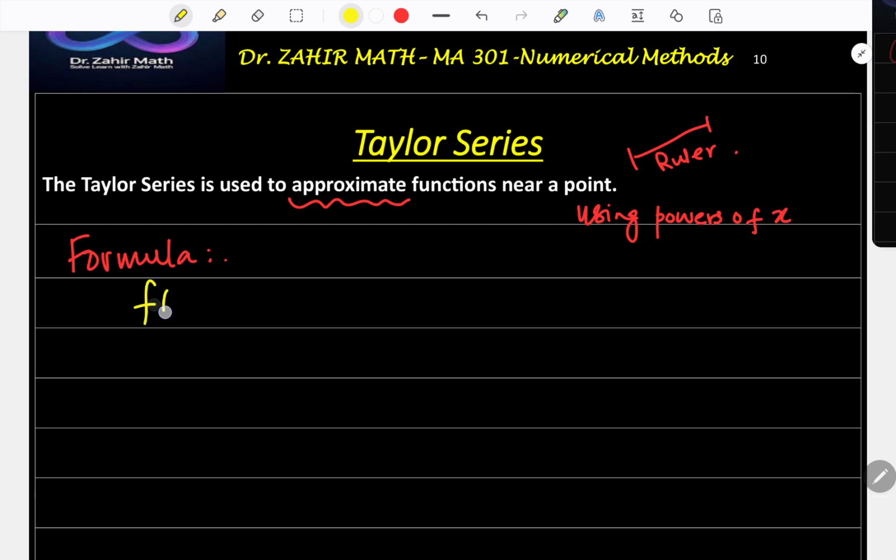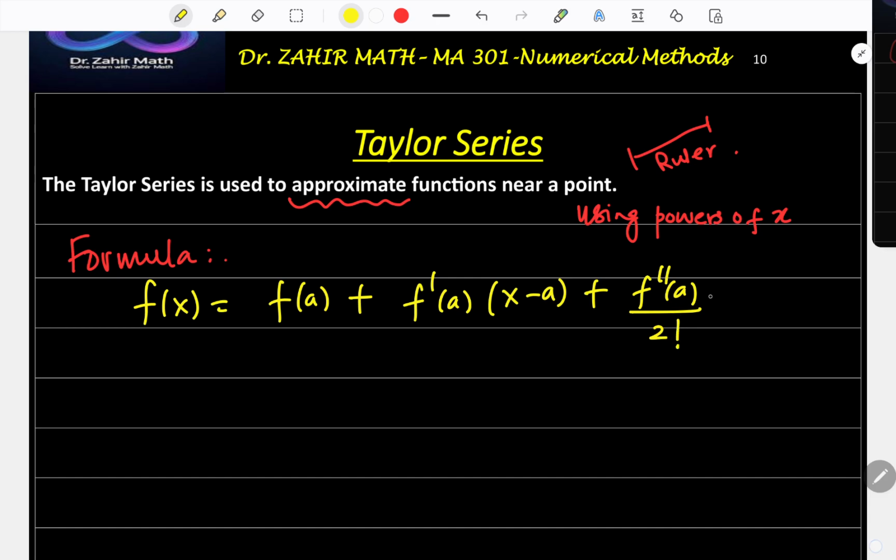What is that? f of x equals f of a plus f dash of a times x minus a plus f double dash of a divided by factorial 2 times x minus a the whole square plus f triple dash of a divided by factorial 3. Usually we write factorial 3 like this.